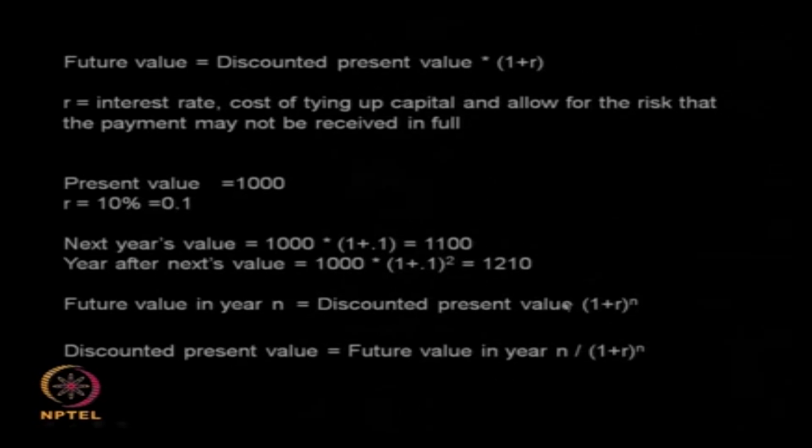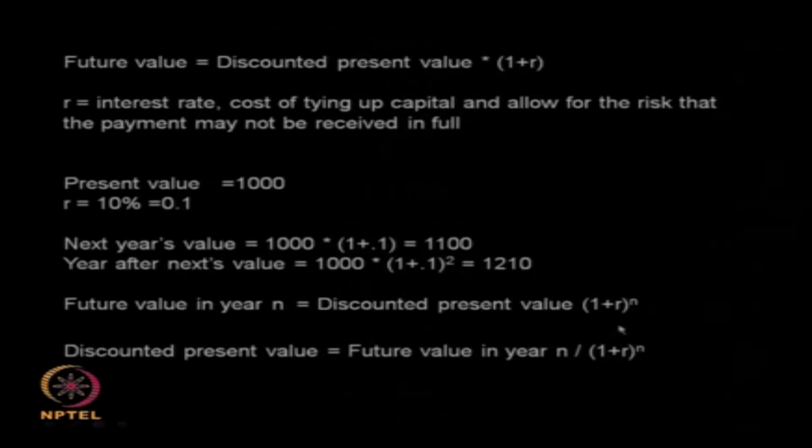So the formula will be 1 plus r raised to the power n, that will be the future value in year n. So you see, based on this particular number, the r, the 1000 rupees will be more in the next year or year after next. Now let us look at it conversely. So that means we take this 1 plus r raised to n in the denominator. So what happens is, discounted present value will be future value divided by 1 plus r raised to the power n.